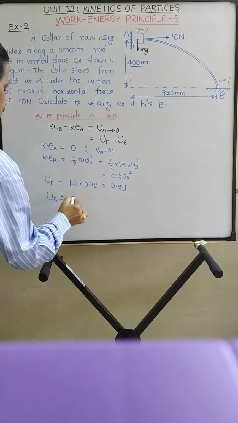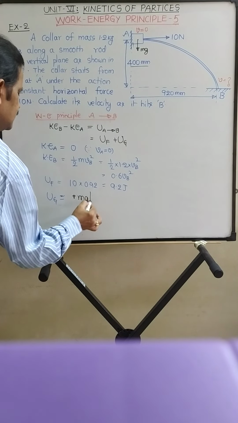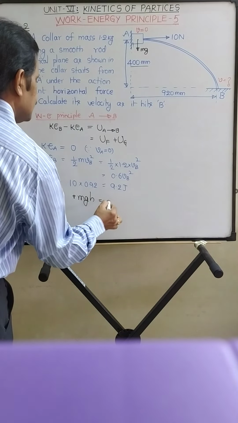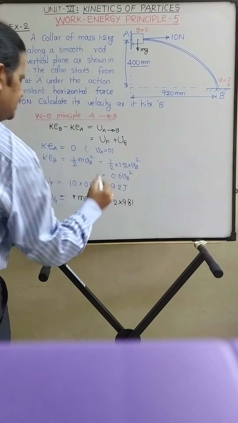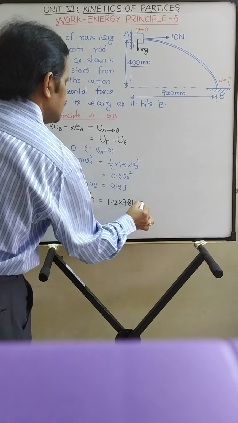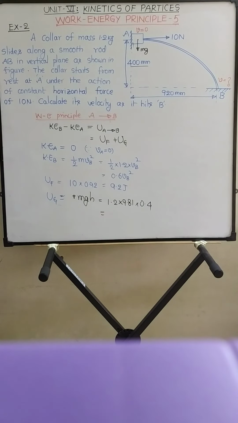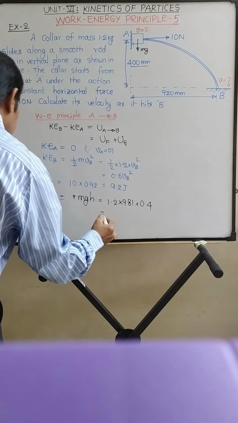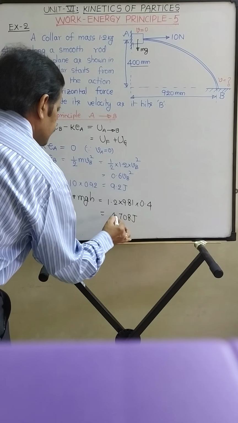So the work done by gravitational force is positive, mgh. So m is 1.2, g is 9.81 into the vertical displacement is 400 millimeters, that is 0.4. So the work done by gravitational force is 4.708 joules.